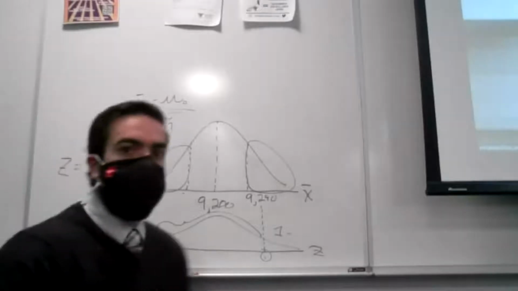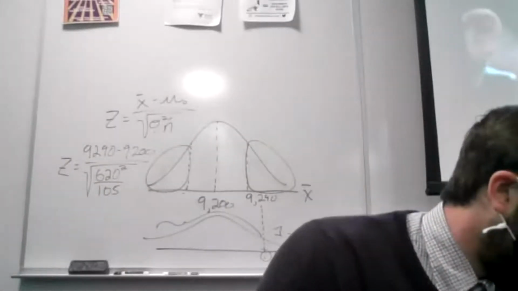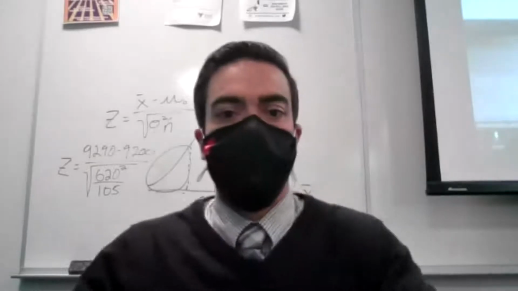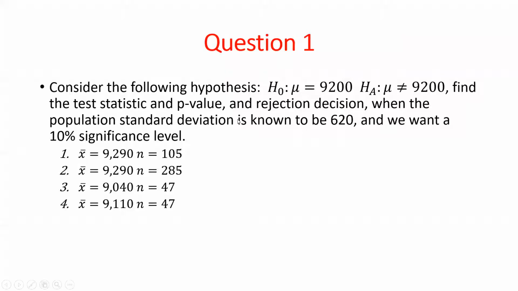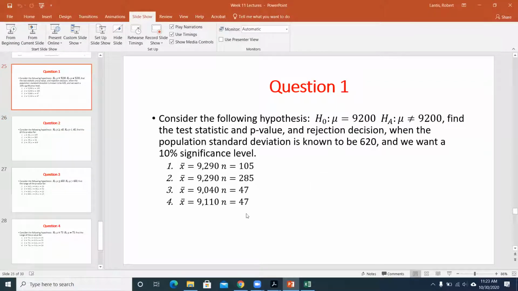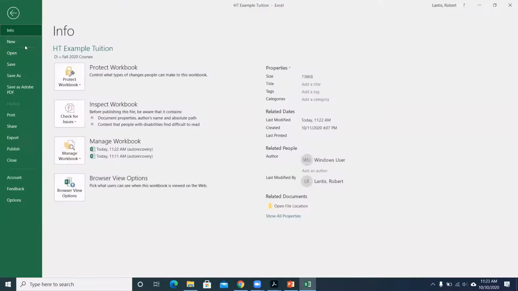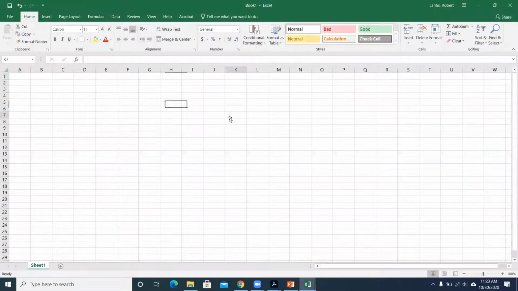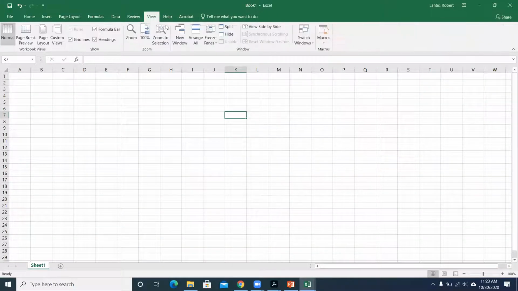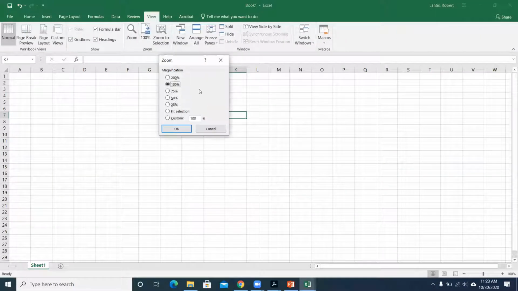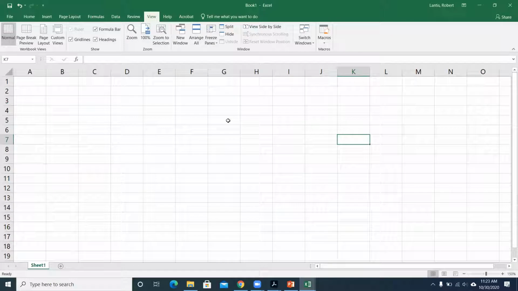So once I have that test statistic, let me see, I think I might have forgotten my calculator, so we're going to do this in Excel real quick. This is where I might even show you what you could do if you're working on something like the exam. It's going to use Excel to do the math for me, even if I don't want to worry about all the functions.